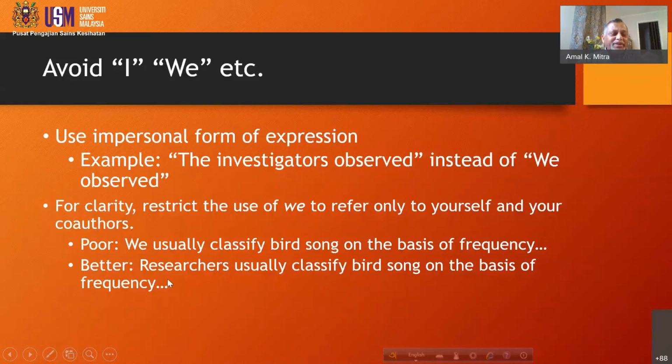So it is better to write, researchers usually classify bird song on the basis of frequency. And this we is called the editorial we. So try to avoid this kind of first person. Okay.